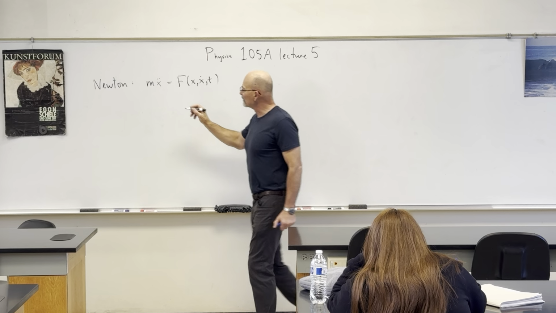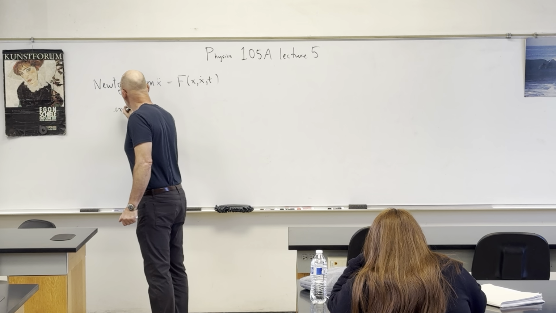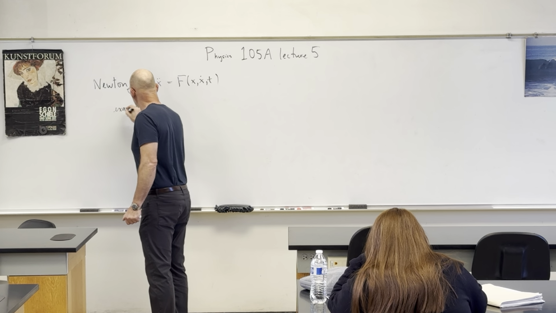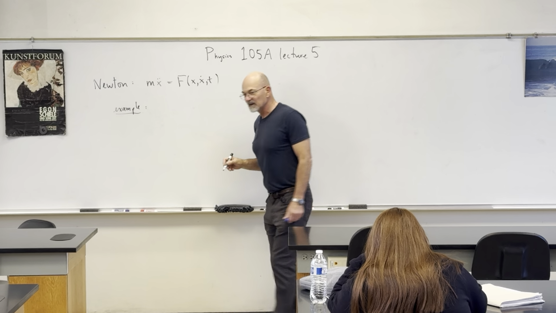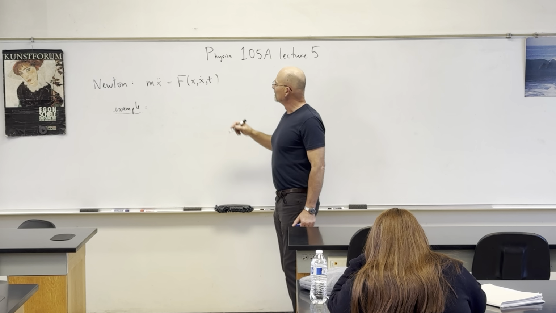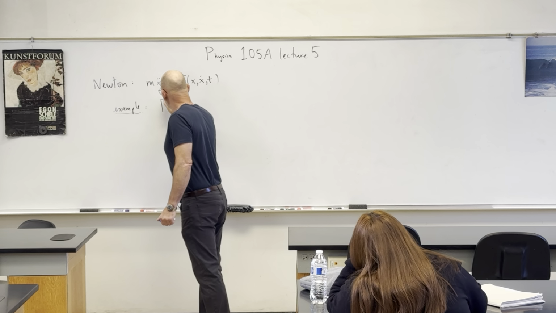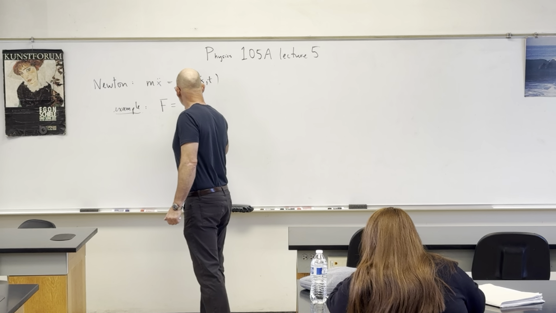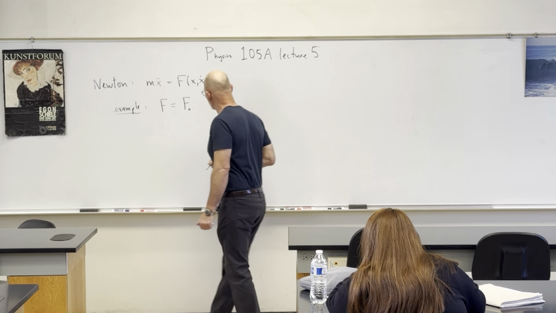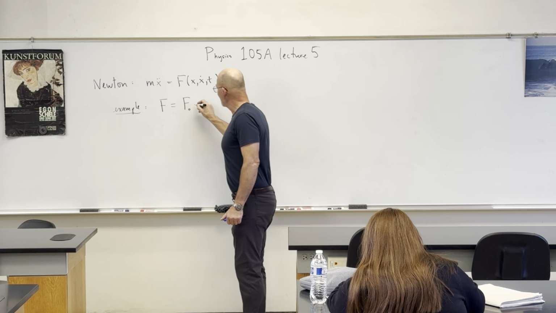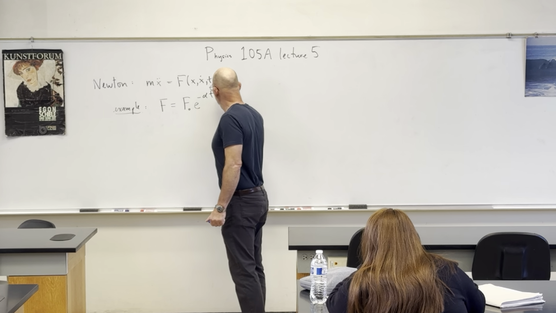And the example we started with, I'll just continue to discuss for a moment. You guys have it in front of you, you can correct any mishaps I have here. So the example was F is equal to, I don't know if I put a subscript on it last time, a constant F naught, and then e to the minus alpha t.